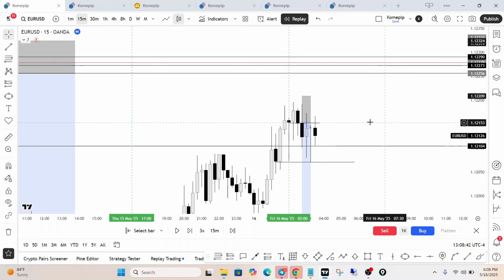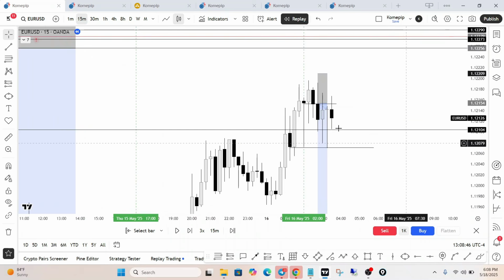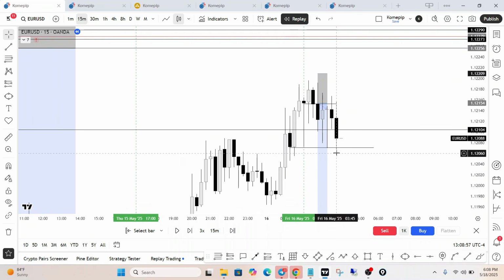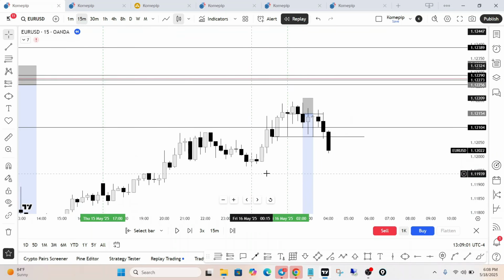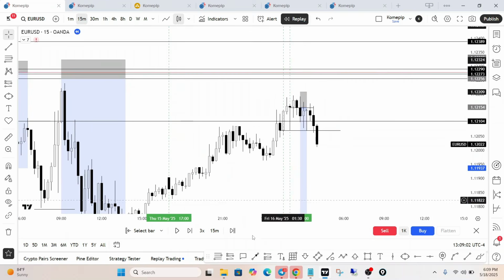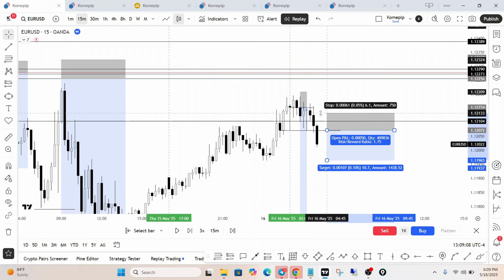You are very sure based on statistics. Okay, so the next thing that we want to do right now is wait. We're actually waiting for this break of structure. So do we have a break of structure already? No. All right, so we have a break of structure already. So at this point, all I did was to put my stop loss around there.